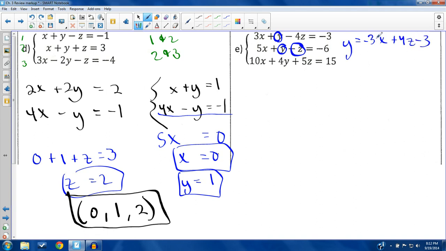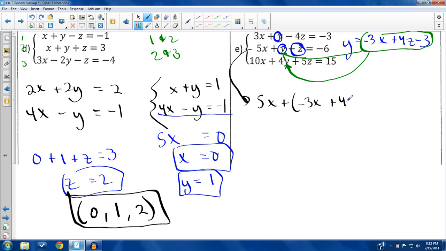Now this gets a little fun because you do a lot of distribution and combining like terms. Now I'm going to take this solution for y and substitute it into this y in this equation, and this y into this equation, the equations that I haven't yet used. So taking this equation, I'll get 5x plus -3x plus 4z minus 3.